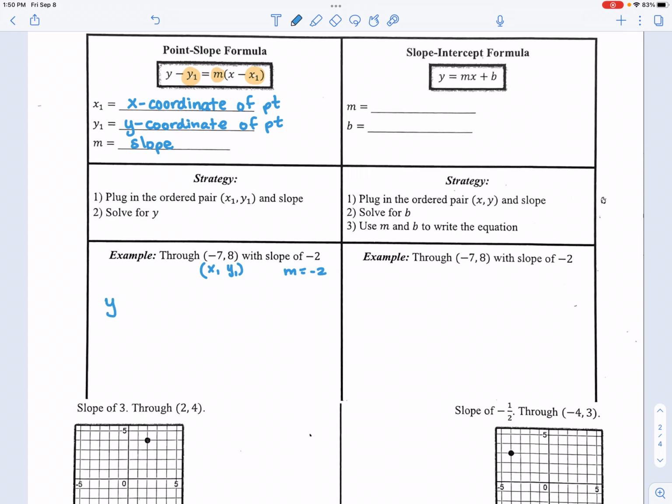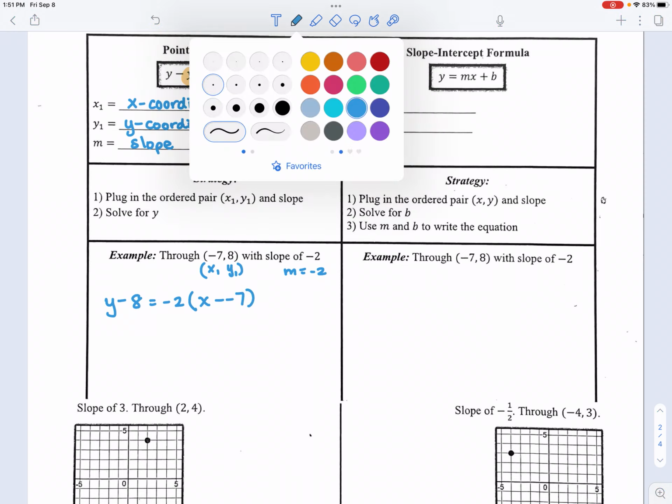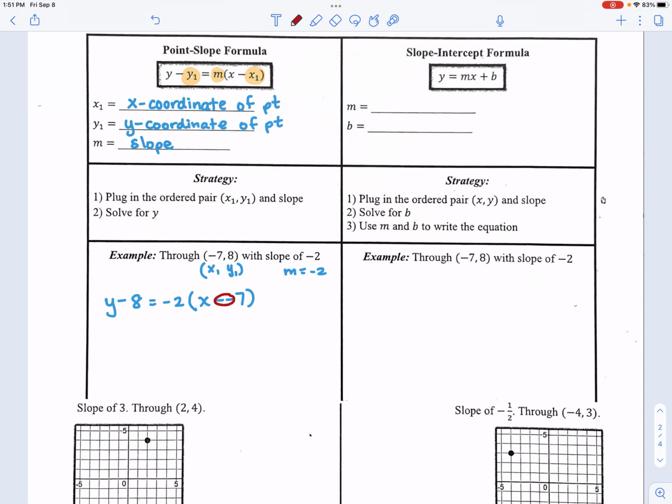So we have y minus, and then my y1 is 8. My slope is a -2. That's the next part. After the equal sign is the m. And then parentheses, x minus, and then my x1, which is a -7. Right here, these 2 negatives turn into a positive.